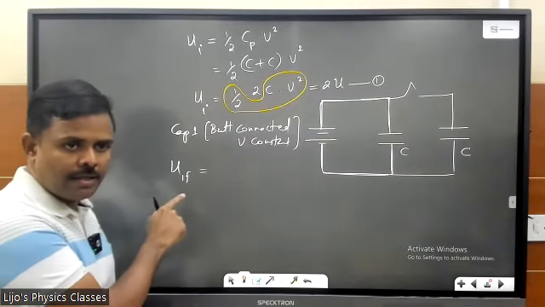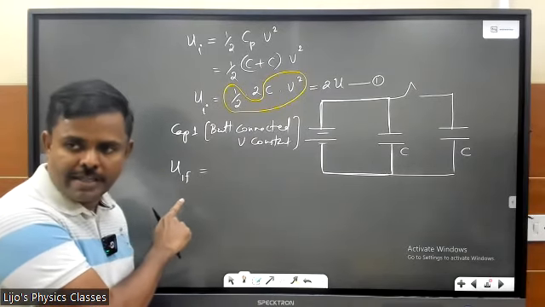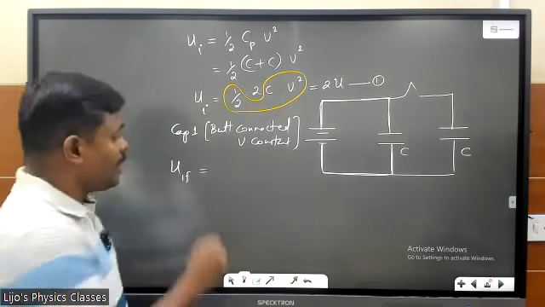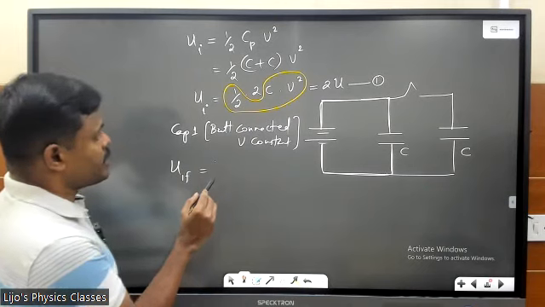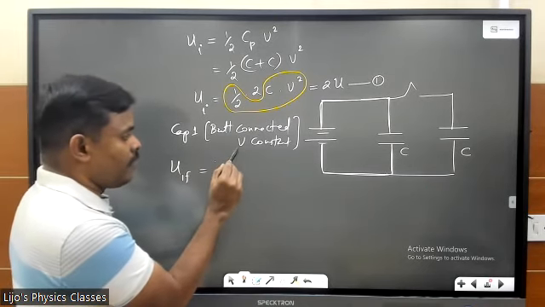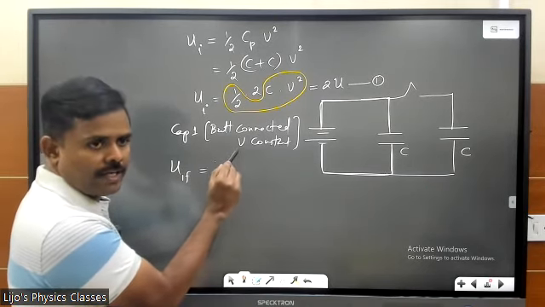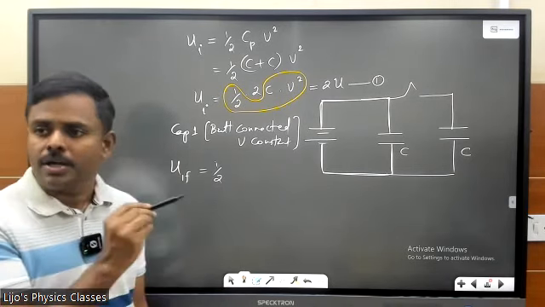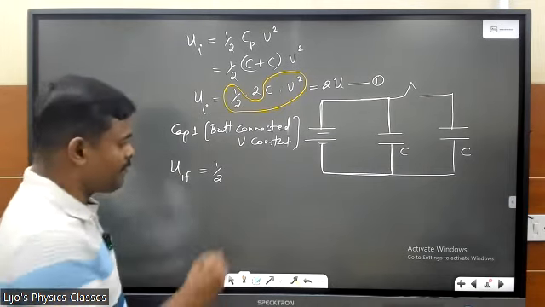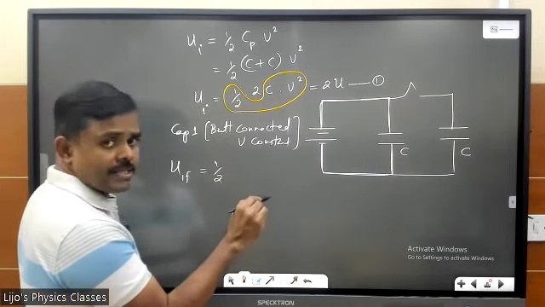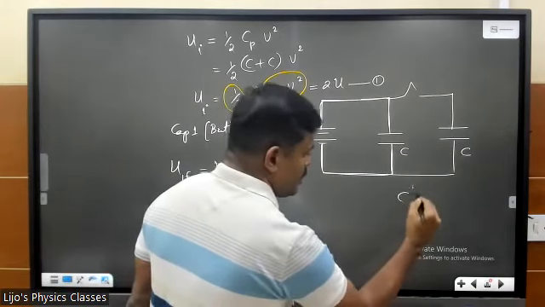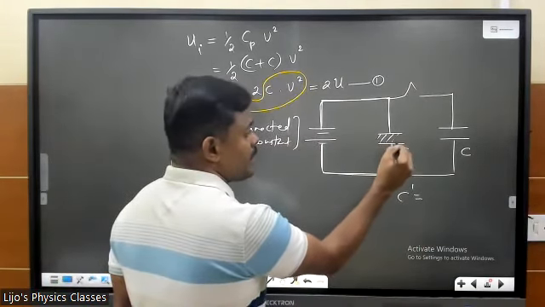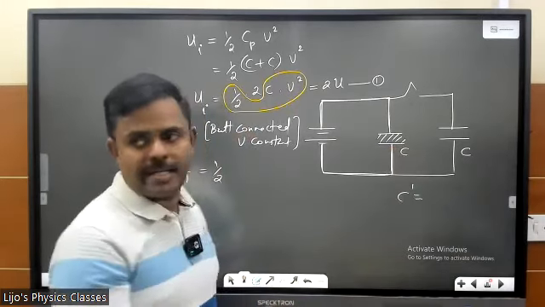U1F stands for what? Energy of the first capacitor in the final configuration. Got it? Half into, which equation are you going to use? An equation involving V. Constant is V here, right? You must be choosing an equation that includes the constant quantity. So half into, before writing C, you must say what? The new capacitance. They are saying something else here. They are filling the space in between the plates with a material, right?